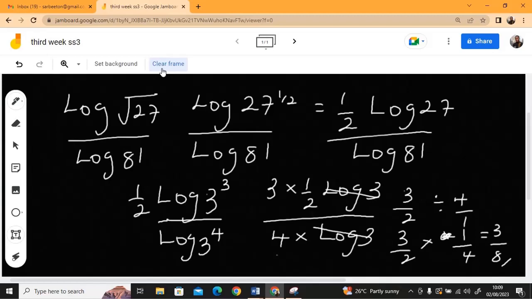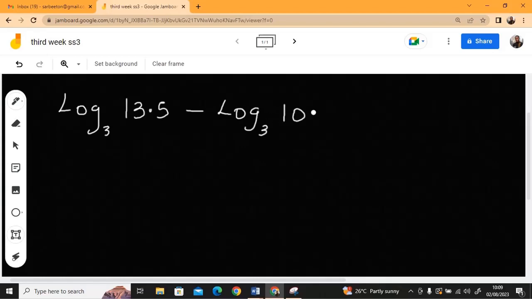So let's move on. Let's look at another question, a more complex question. Let's assume we are given something like this: log base 3 of 13.5 minus log base 3 of 10.5. Now working with decimal points is always a problem.